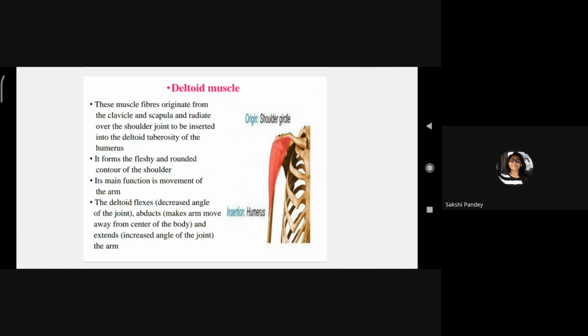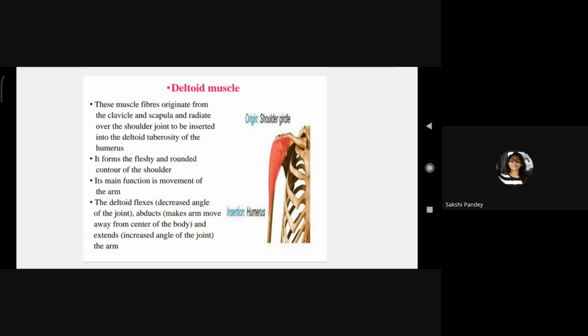Can you see my screen? Yes, ma'am. So this is deltoid muscle. This muscle fibers originate from clavicle and scapula and radiate over the shoulder joint to be inserted into deltoid tuberosity of humerus.